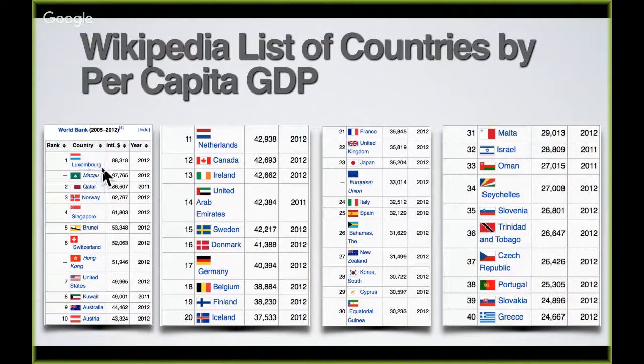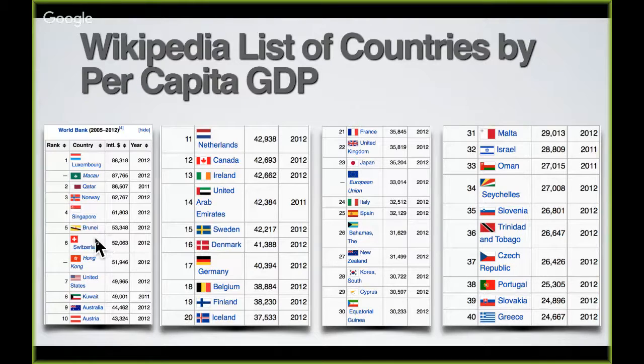For example, I didn't know that the average person in Luxembourg makes $88,000 a year. It's probably more now because that was back in 2012. The average person in Macau makes $87,000 a year. And by the way, we've had customers buy our stuff from Luxembourg, Macau, Qatar, Norway, Singapore, Brunei.